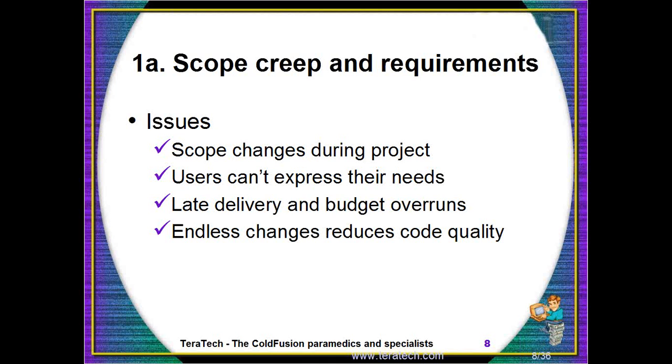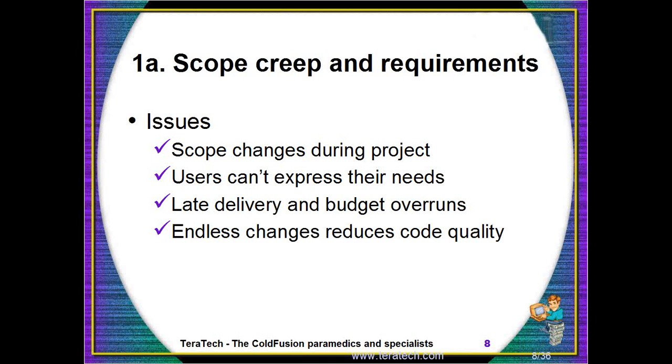Obviously, if the scope has increased, that leads to late delivery of the project, budget overruns, stress, and late nights spent coding when you'd rather be doing other things. All those endless changes to the code base often reduce code quality, particularly if it's done under pressure. Writing code is a very brain-intensive task, and when people are stressed out, their code quality tends to go down.